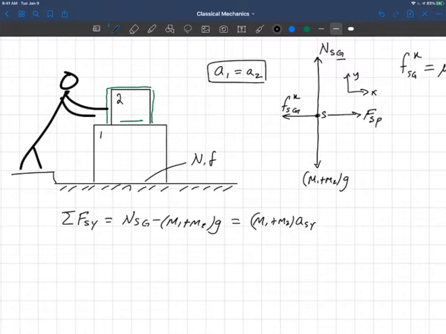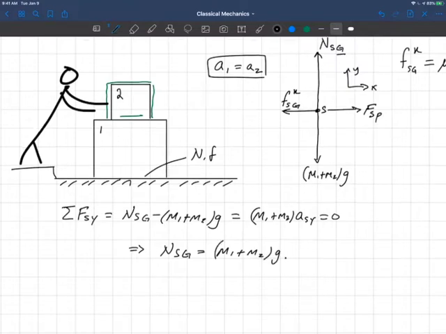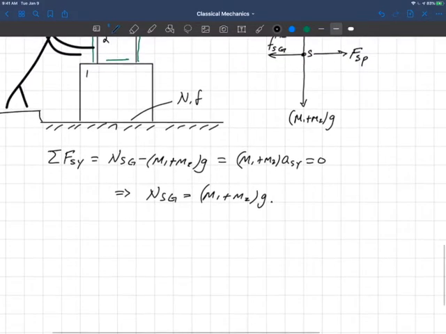But again, we've chosen our coordinate system so that the acceleration is in one direction, and it is not up and down. So our vertical acceleration is going to be 0. Therefore, we find that N_SG equals m1 plus m2 times g. Okay. So now we'll sum our forces in the x direction.